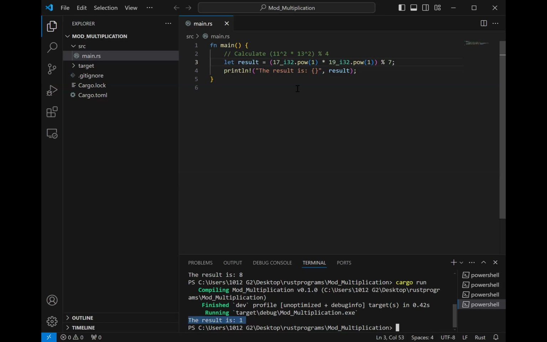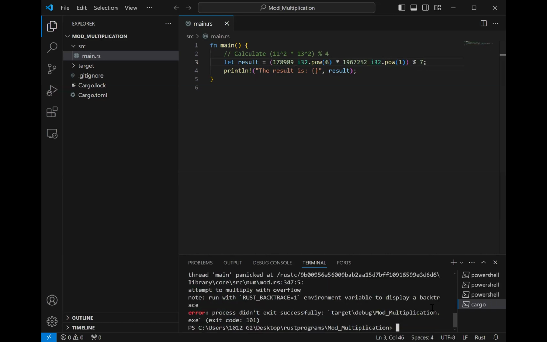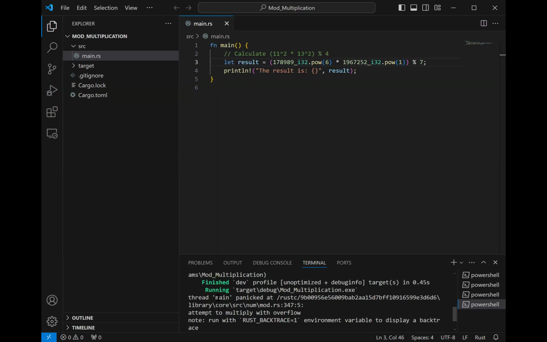I want us to go outside I32. Let us run. It says the thread panicked at the attempt to multiply.